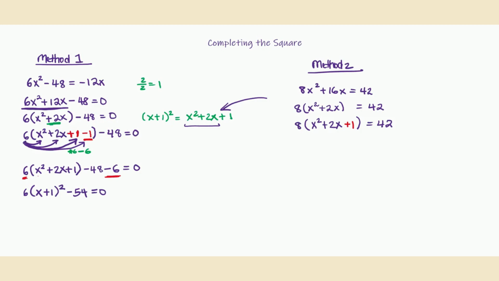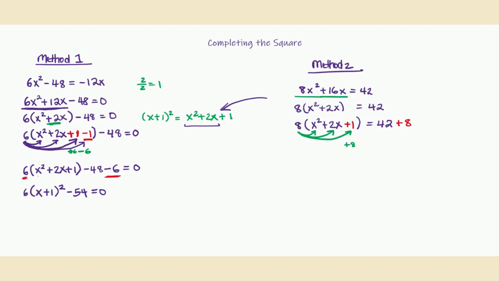Remember, we started off with 8x squared plus 16x, which is what we have here. 8 times x squared, which is 8x squared, 8 times positive 2x, which is positive 16x. And so what we really added in was 8 times positive 1, which is 8. So then we have to also add 8 on the other side so that we maintain the equation. So we use the addition property of equality here.